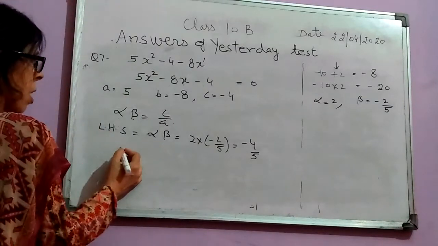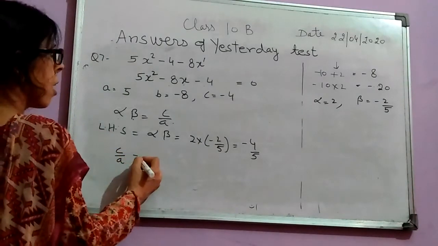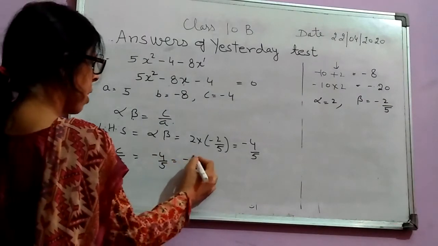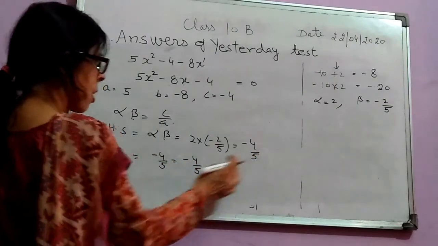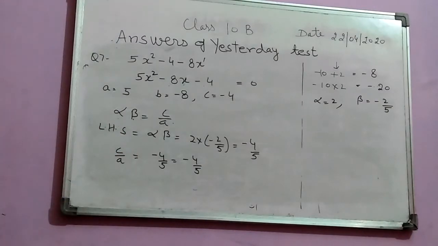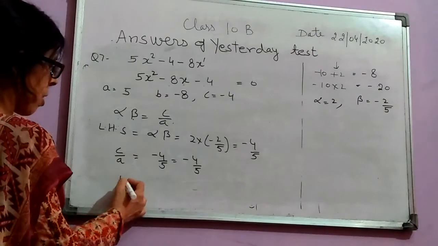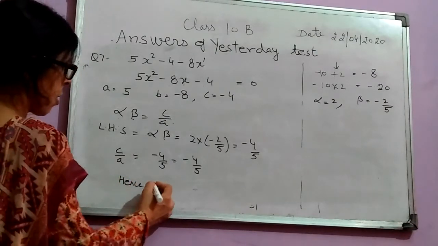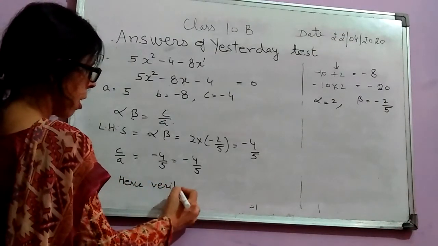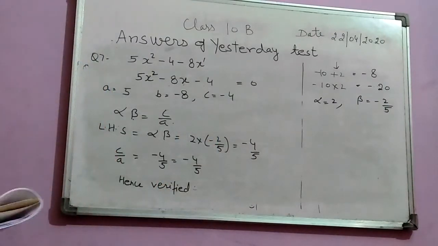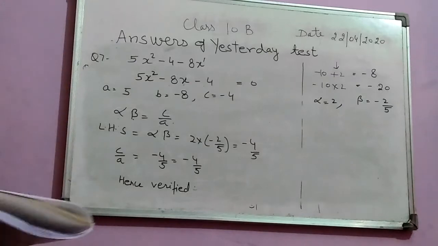Similarly, right hand side c upon a. C is minus 4, a is 5. So minus 4 upon 5. Now compare the answer of both sides. These answers are same, so we will say that the second relation is verified, hence both relations are verified. So this is the answer of question 7.